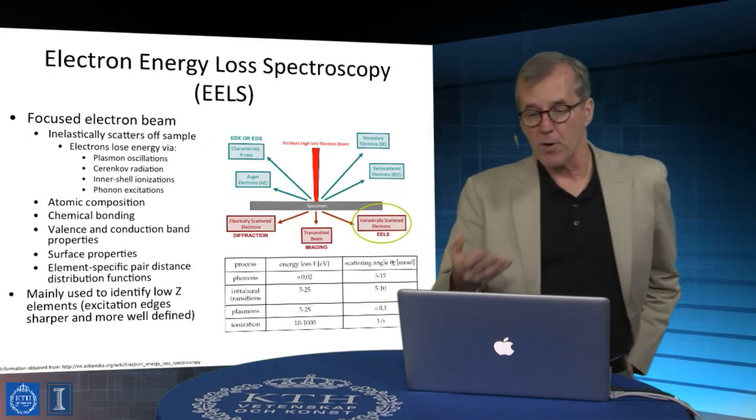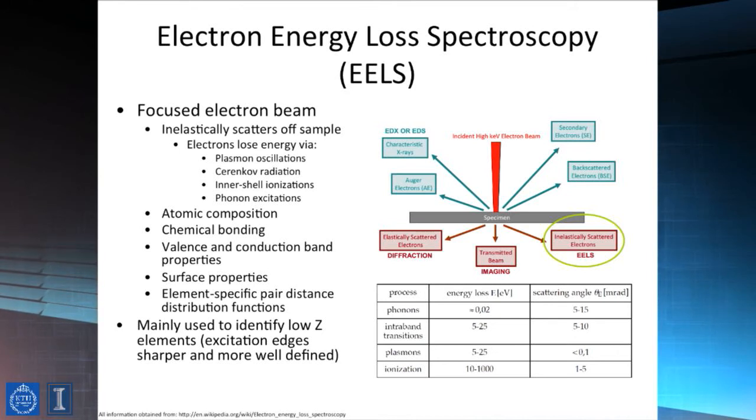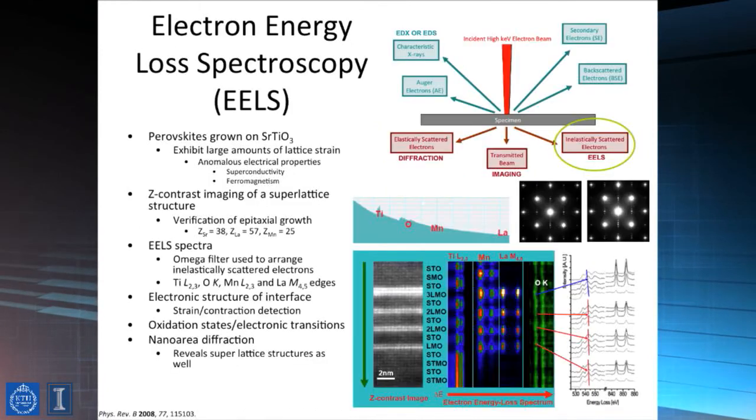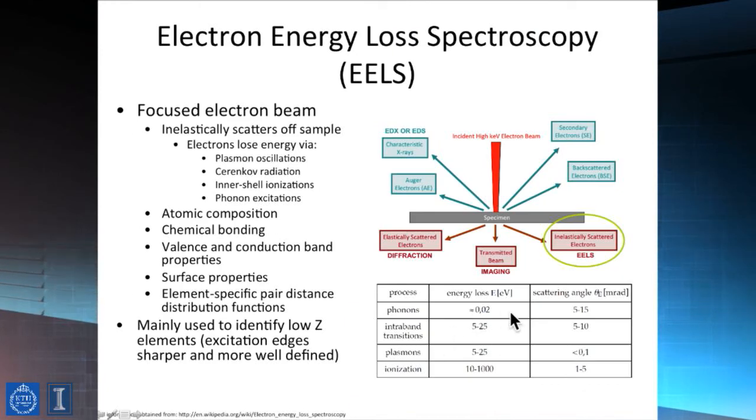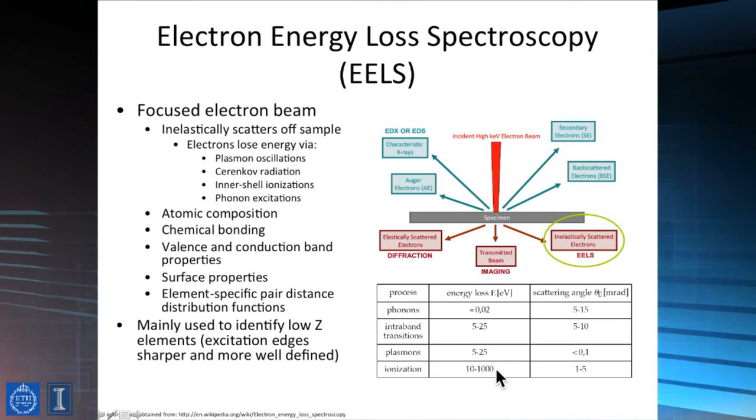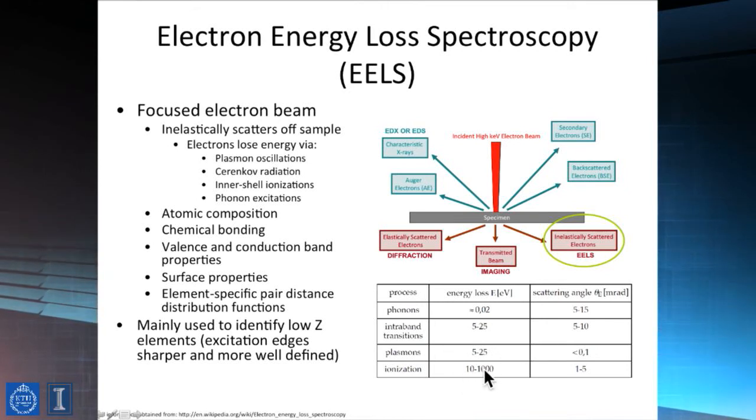Okay, another form of spectroscopic measurement is to look at not just the elastically scattered electrons, but also the inelastically scattered electrons. And we can think about what the energy loss mechanisms and the scattering angles are. The ones that become more easily detectable are the ones that correspond to large energy loss, a few electron volts to 1,000 electron volts.